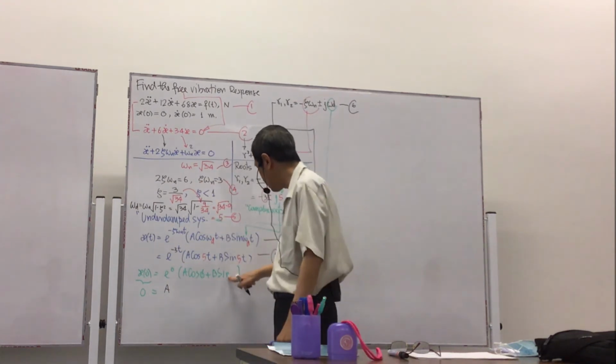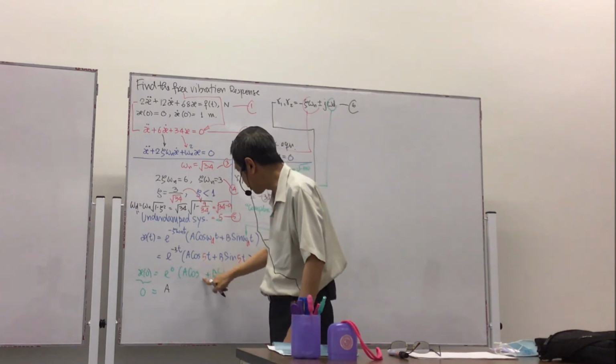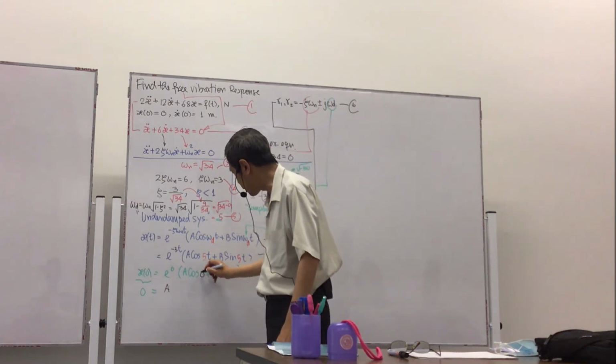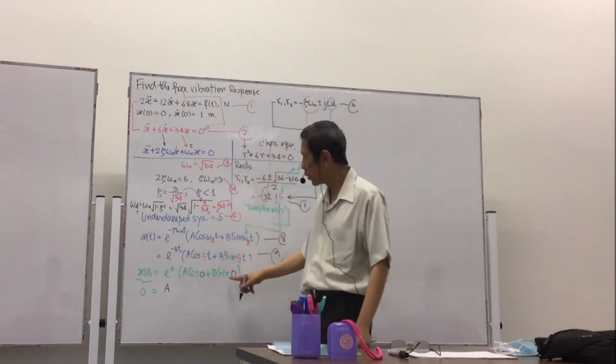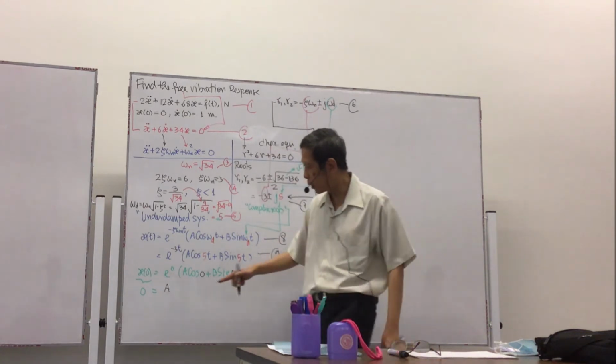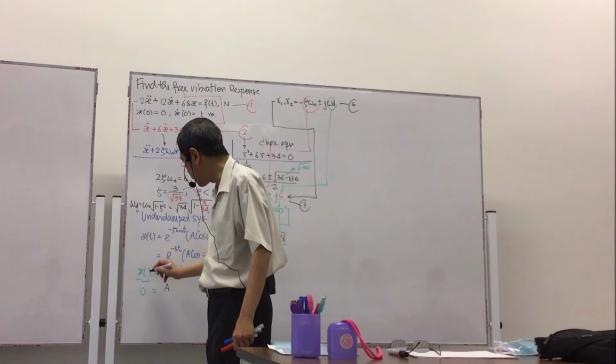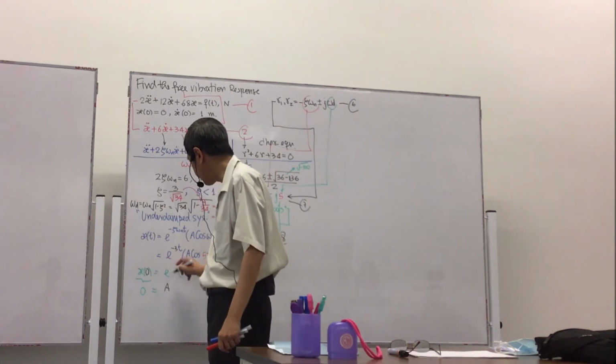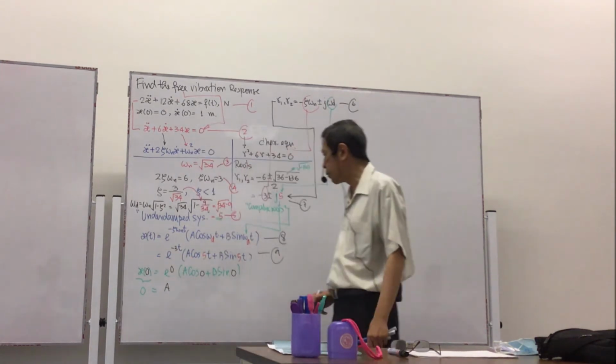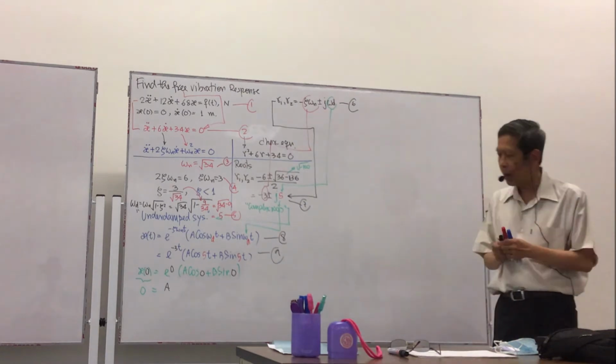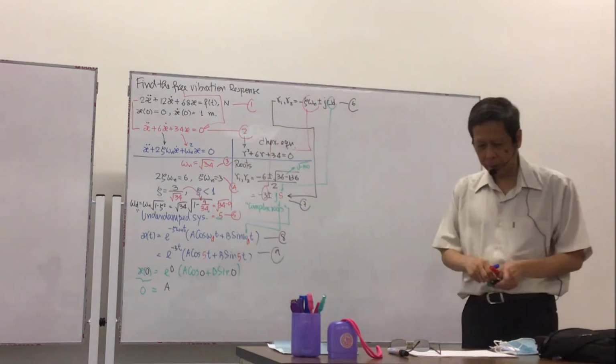I should put the numeral 0, because you might confuse the 0 symbol with the letter O in computer programming. So that's the 0 time, and we get the first result: a equals 0.